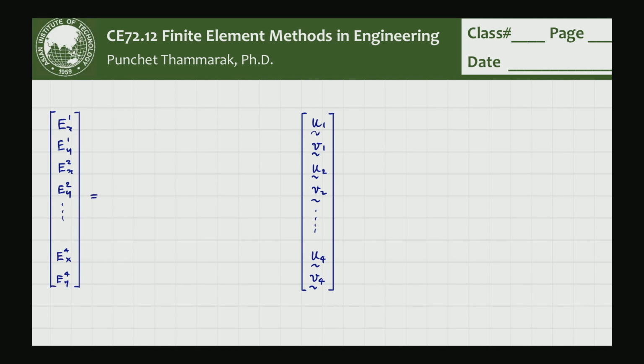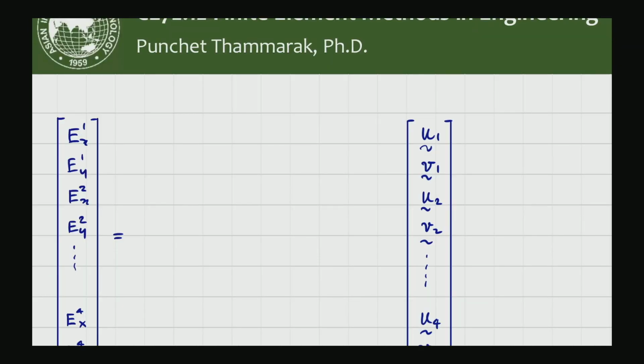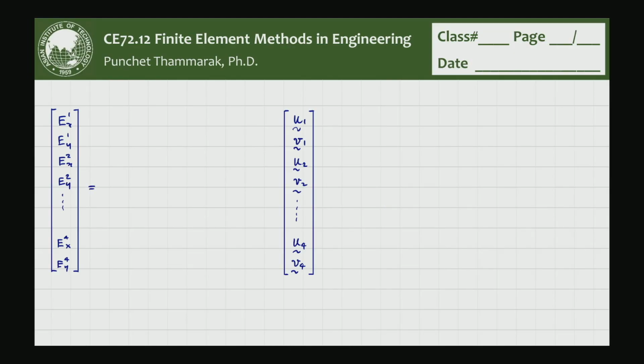So how does it look like in between? The kinetic energies in the x at the first node, e superscript 1 subscript x, is going to come from just the u.